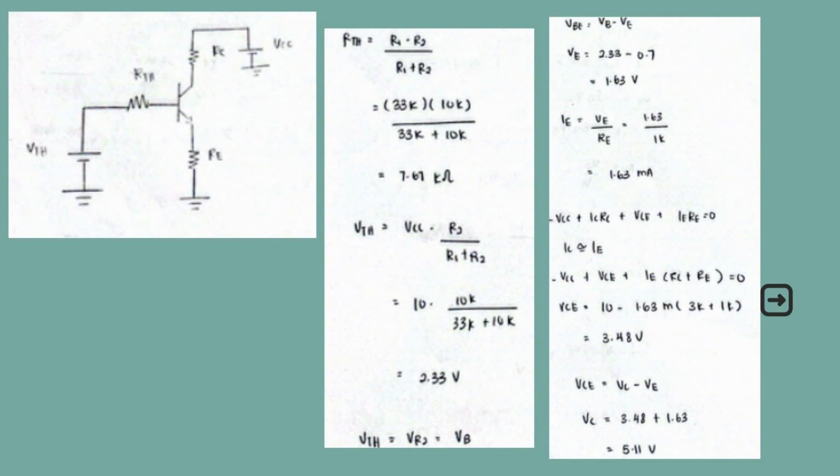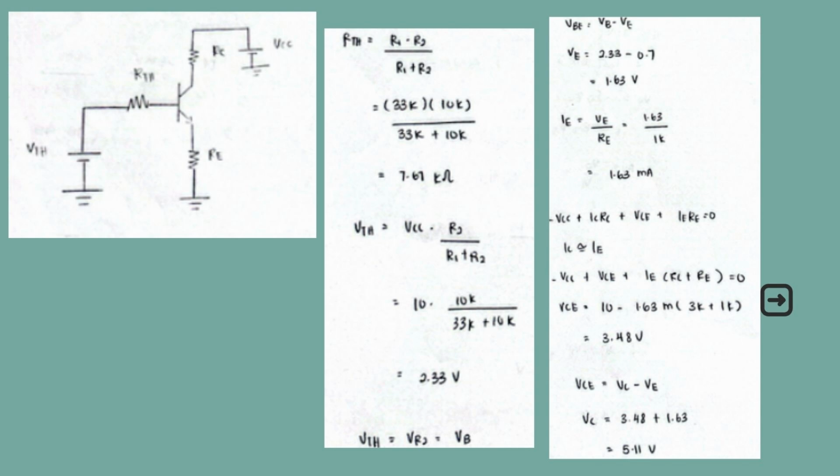VTH is from the VCC multiplied by the voltage divider R2 over R1 plus R2. By then, we will get VTH equals 2.33. In this case, VTH is equivalent to VR2 and also equivalent to VB.